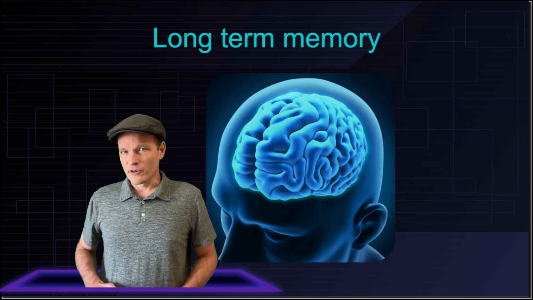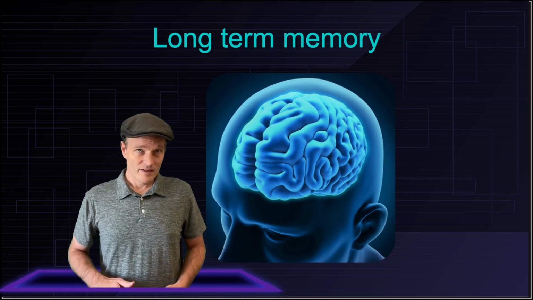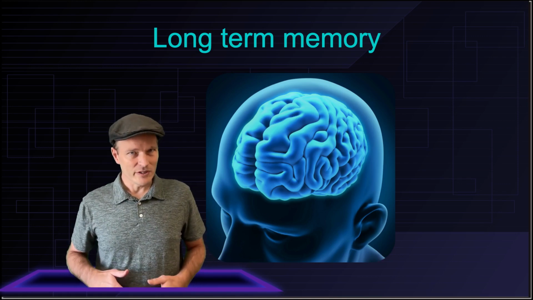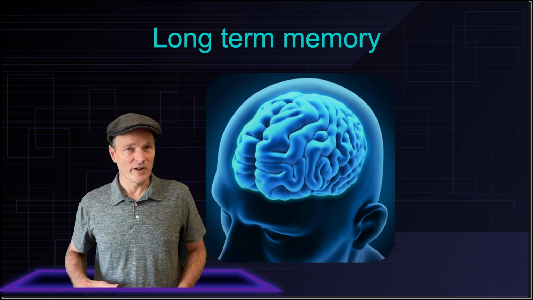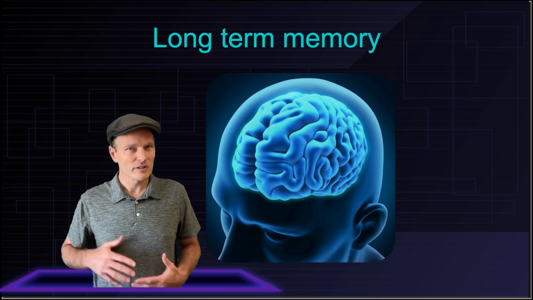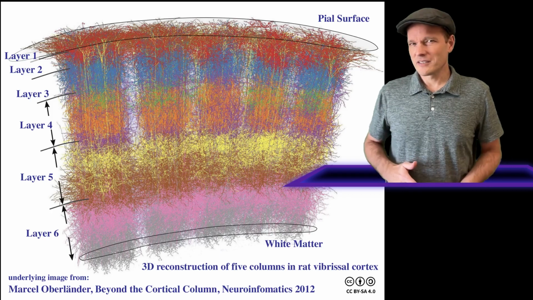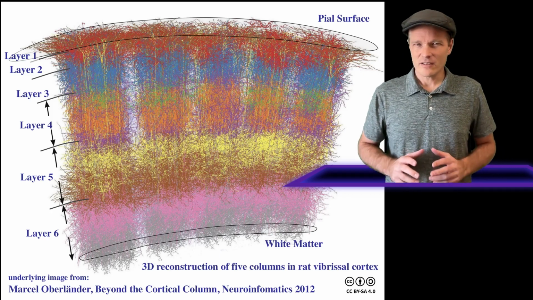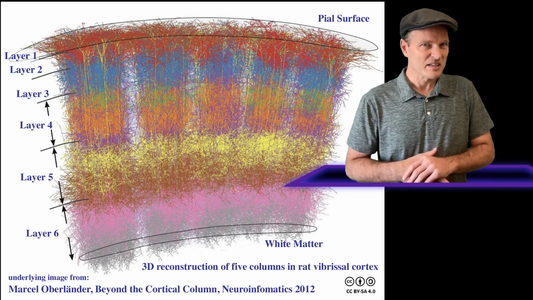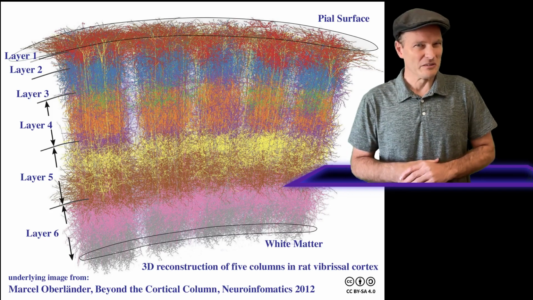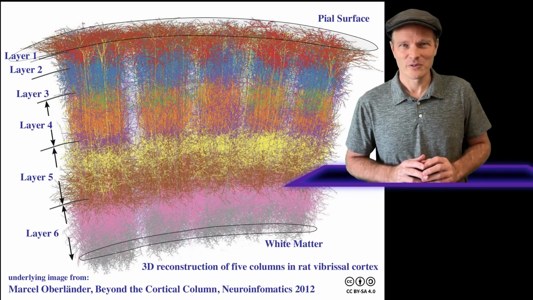Now, your long-term memory is encoded in your cerebrum. This is that layer of 80 to 100 billion neurons on the outer surface of your brain. That's the wrinkly layer that you usually think about when you look at a brain. The cerebrum is organized into cortical columns, and these are approximately what I claim is an analog of a large language model, except they're not quite so large.